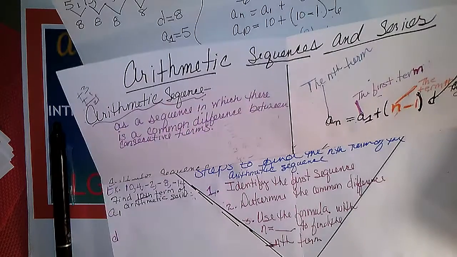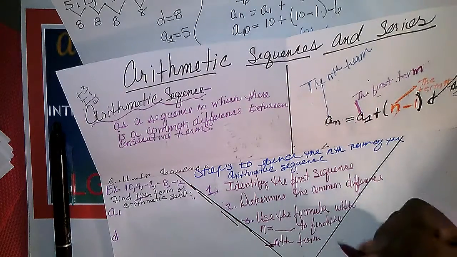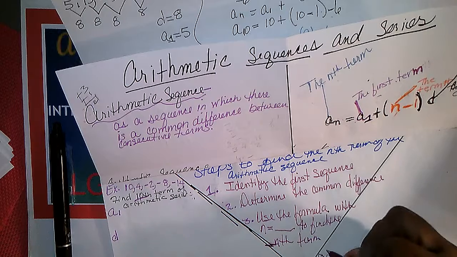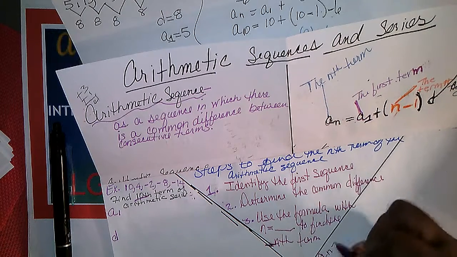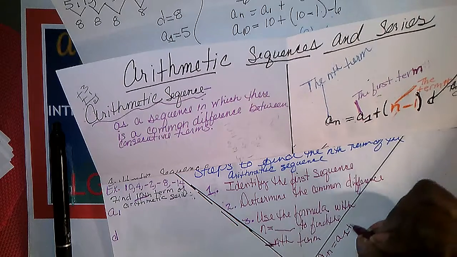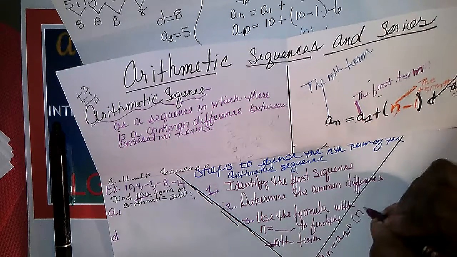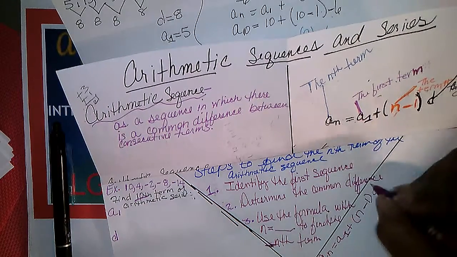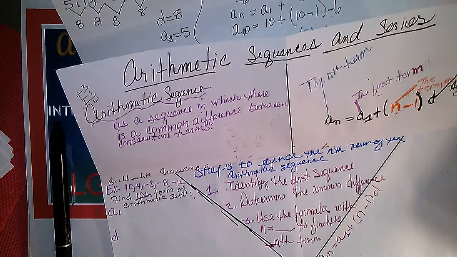So, and we said our formula is a_n equals a_1 plus n minus 1, and then d, which is our difference.